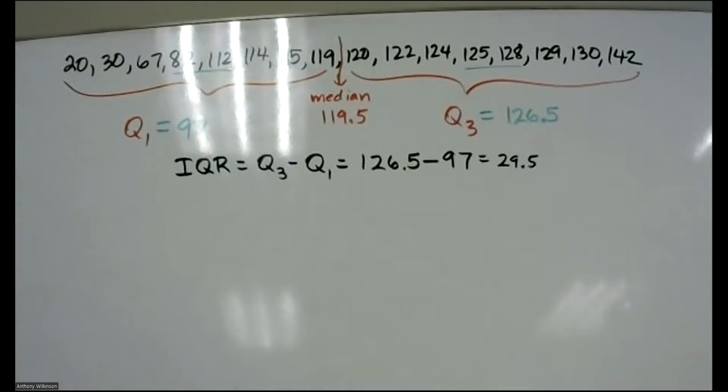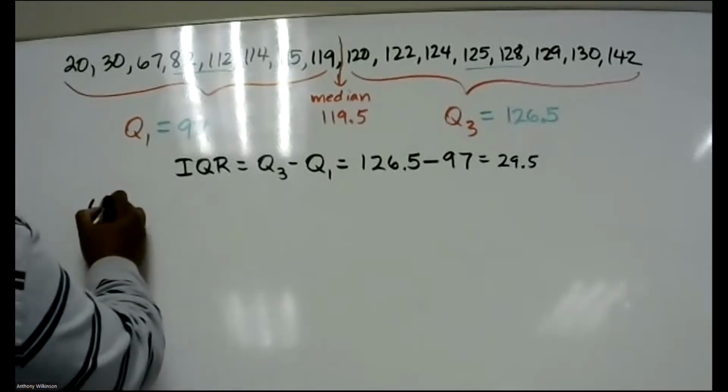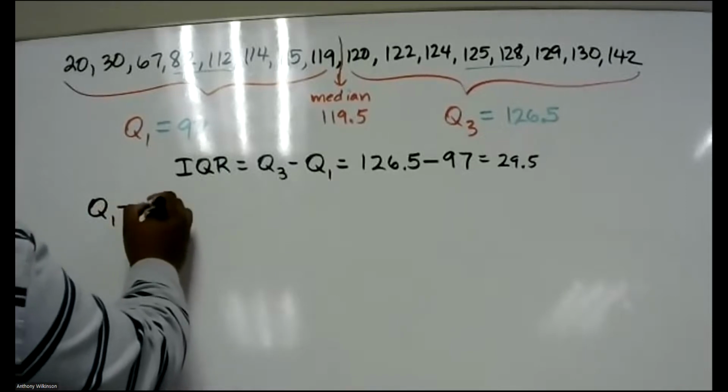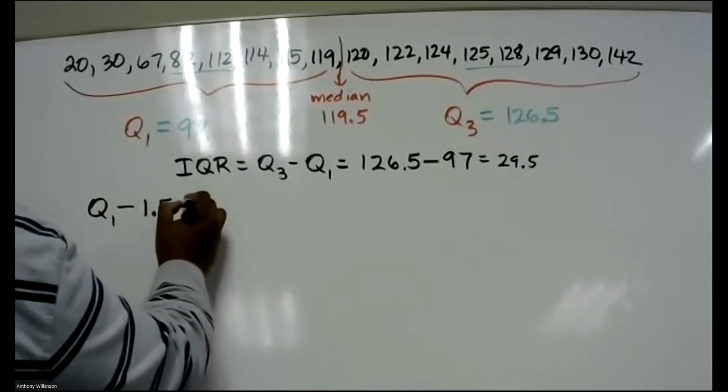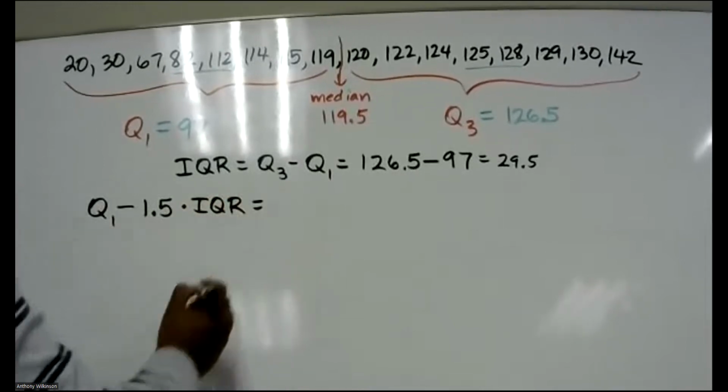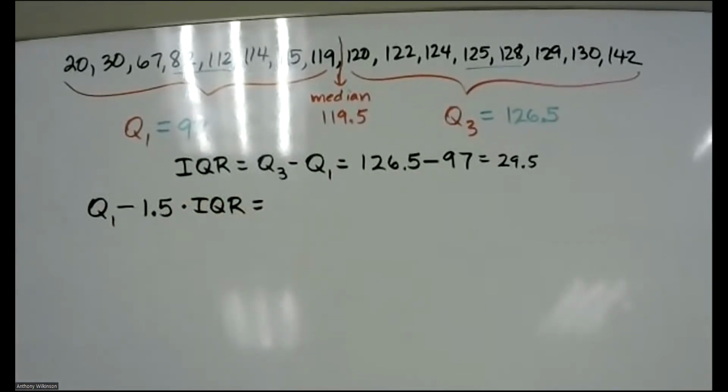Okay. Now I need my maximum and my minimum points. In this case here, this is where I determine whether I have outliers. To find out my outliers, I need to do Q1 minus 1.5 times the interquartile range.